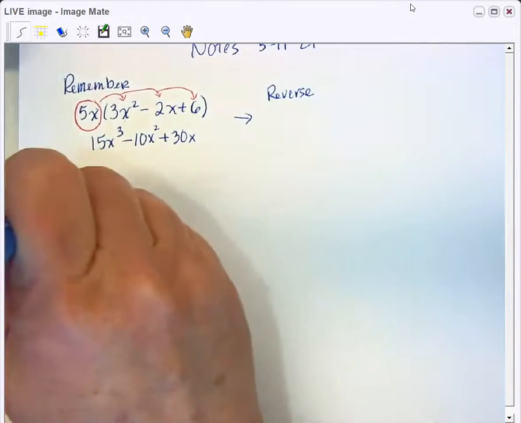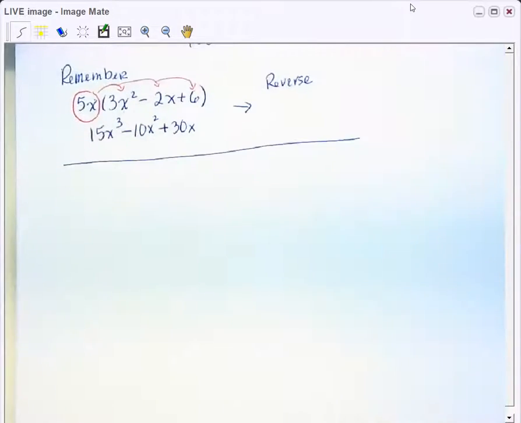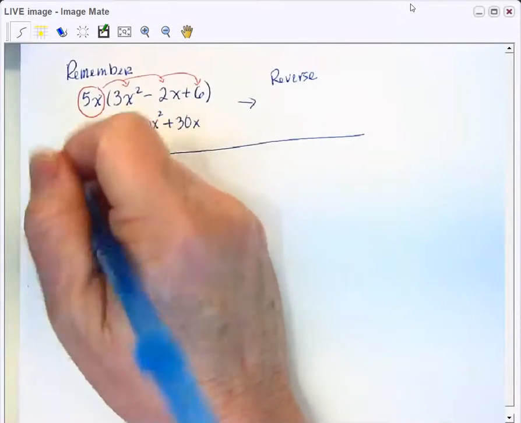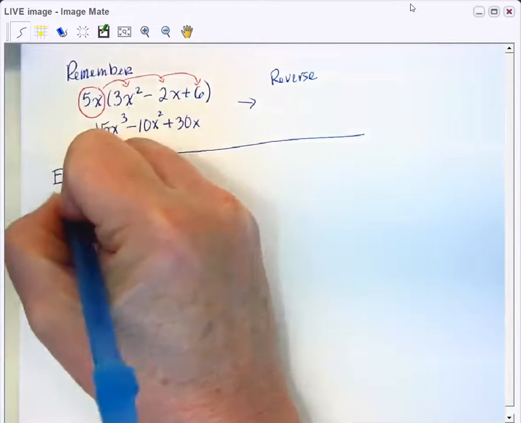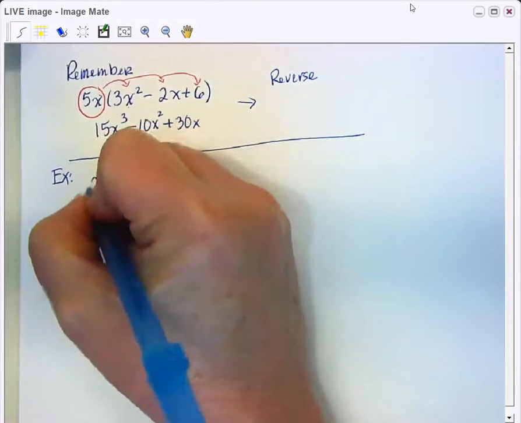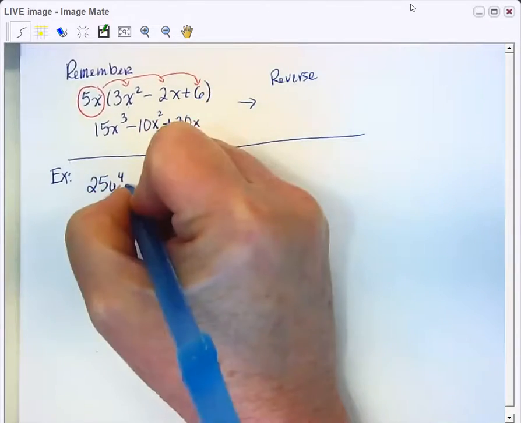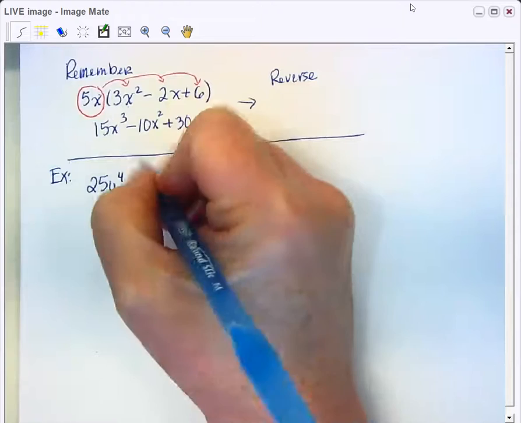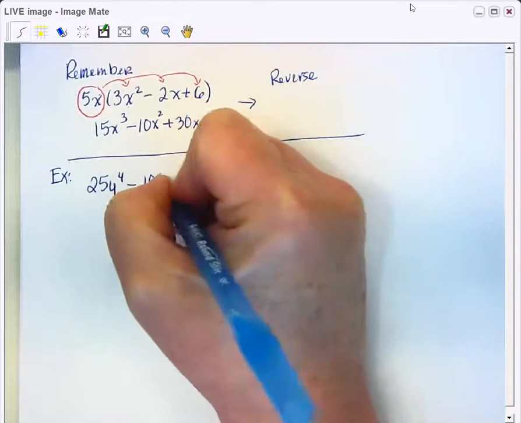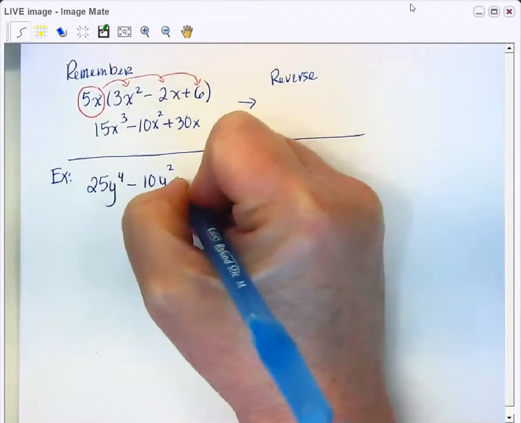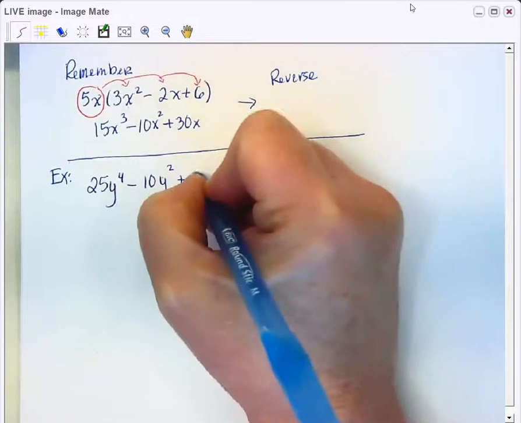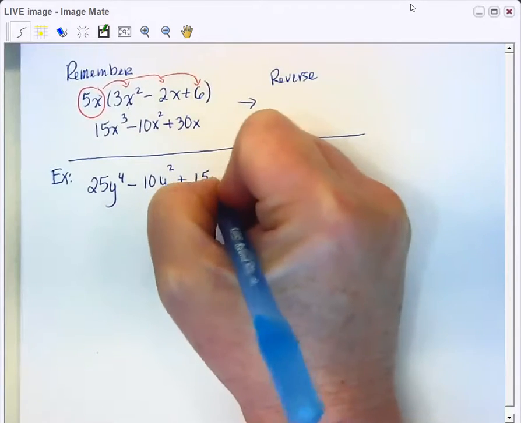But I'm not going to use that same one. I'm going to use a different one. So let's do an example. 25y to the 4 minus 10y squared plus 15y.